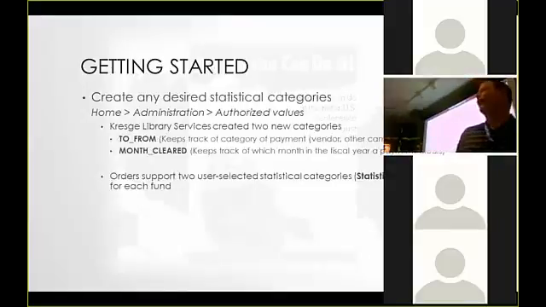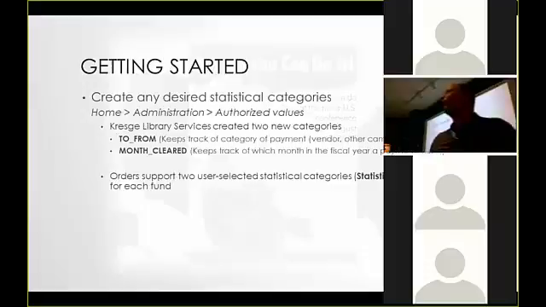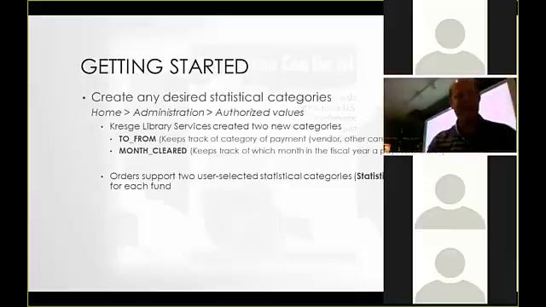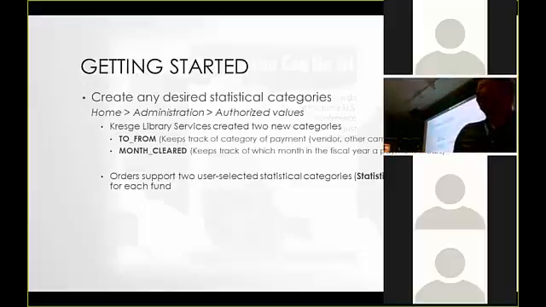Next, create any desired category. Now, when you start to create funds, you have the option of assigning them categories, and you need to have those categories defined before you use the funds. Press the library category. The university is very interested in knowing how much money flows not out of the university, but between its departments.